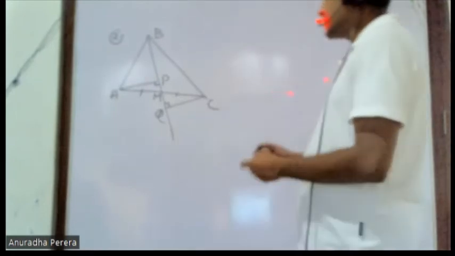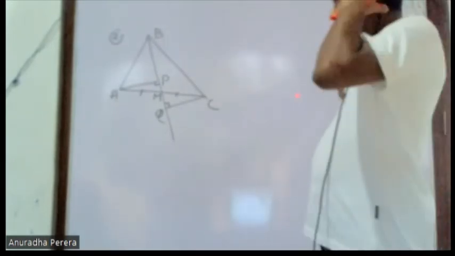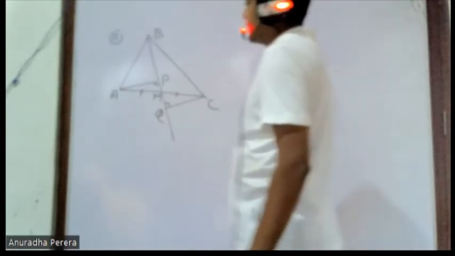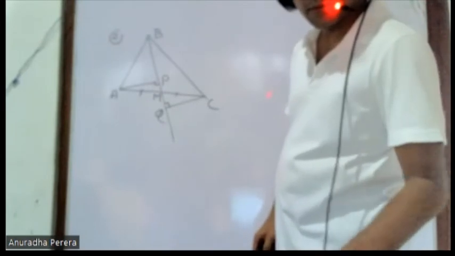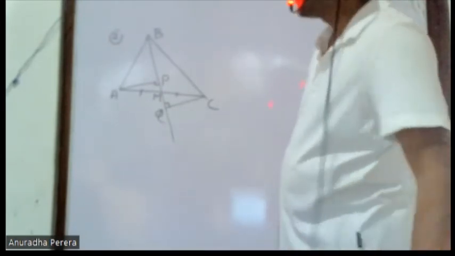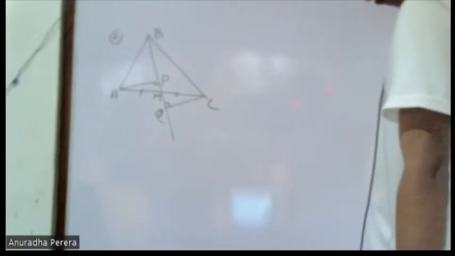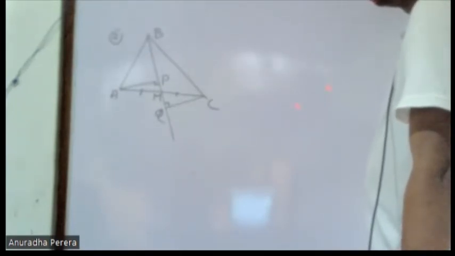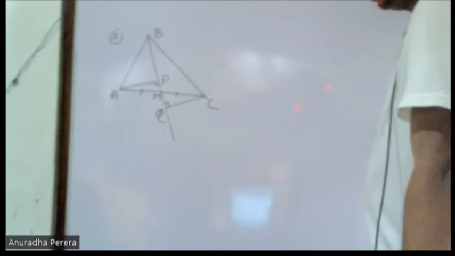How to prove these two as congruent triangles? Just tell me what is the case when proving. Right angle hypotenuse side, RHS.